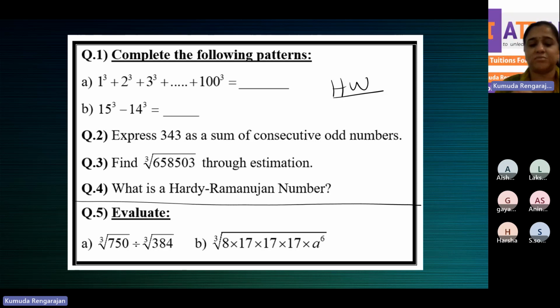No, you'll have to find the value of this expression. There's an expression. You need to find the value of this expression.